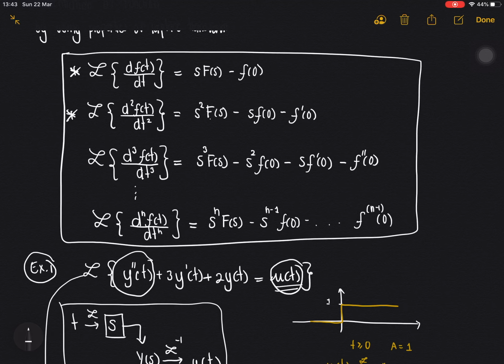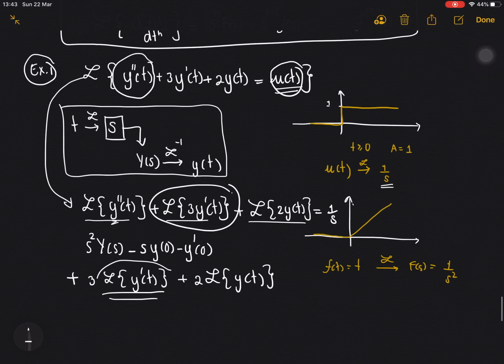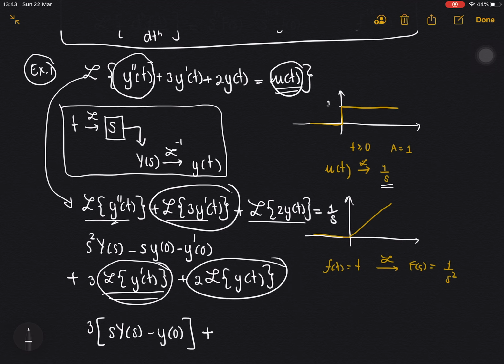So that's the property we have to apply all the time when you are given these kinds of ordinary differential equations. So when you have the y prime, that will be equivalent to 3 multiplied with s Y(s) minus y(0). That's it. And then in this case will be 2 multiplied with, from y(t) here, you will change into Y(s).